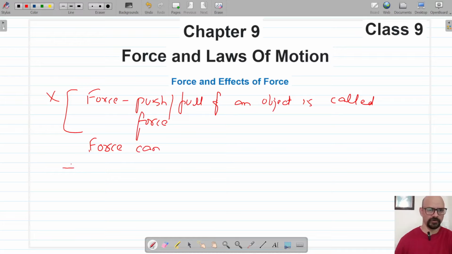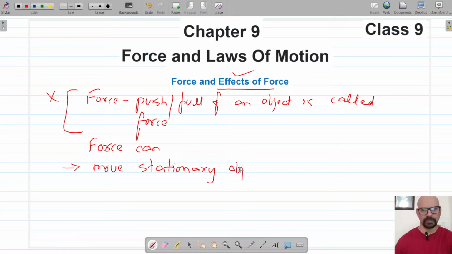If an object is stationary, the force can move it. These are the effects of force we are studying so that we can arrive at the correct definition. So it can move a stationary object. That's the first effect of the force.